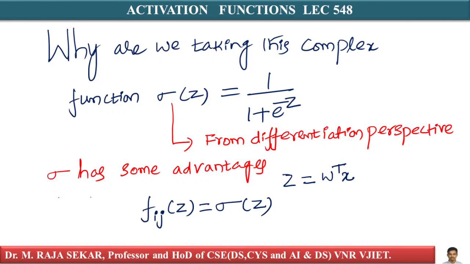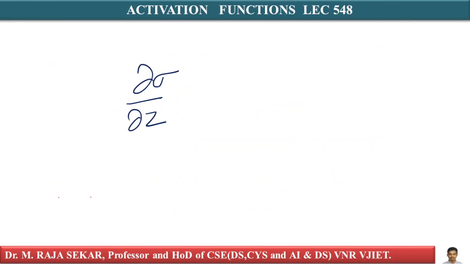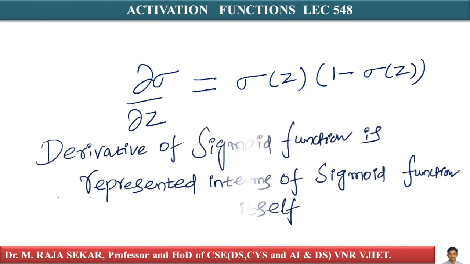A very interesting thing is the derivative of sigma with respect to z. If you compute this derivative, what you get is sigma(z) times (1 minus sigma(z)). The most important part here is that the derivative of the sigmoid function is represented in terms of the sigmoid function itself.